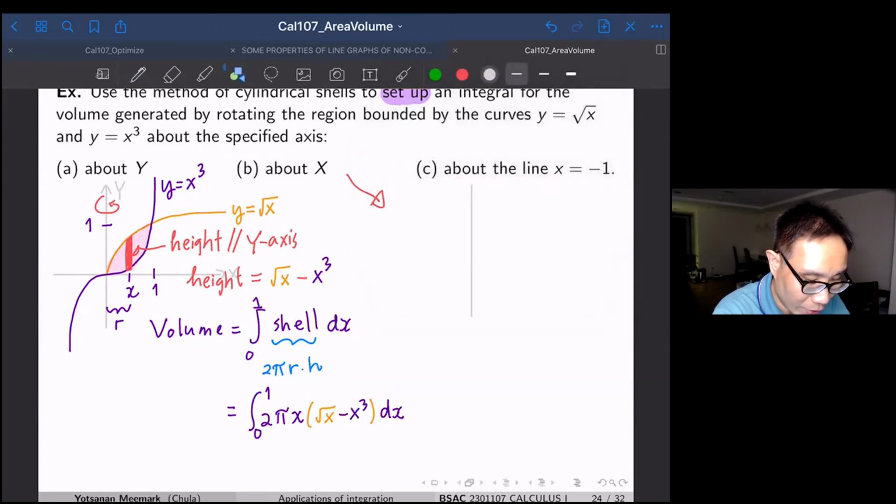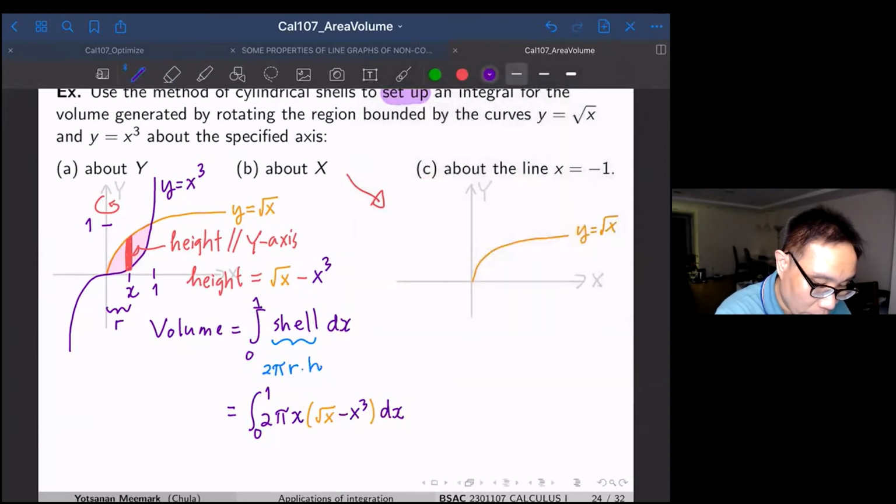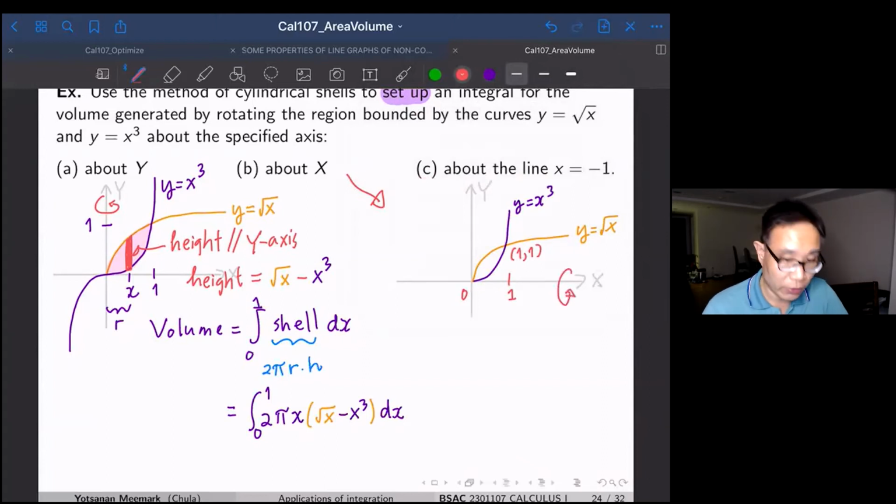So it's gonna be your x, your y, and you have y equal to root x, and y equal to x cubed, and the intersection point is at 1, 1. So you have 1, you have 0, and now you are rotating about the x-axis.